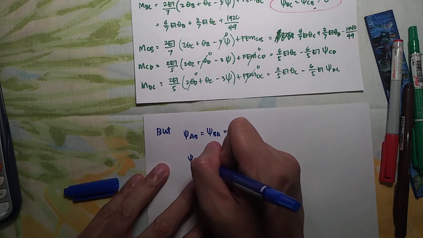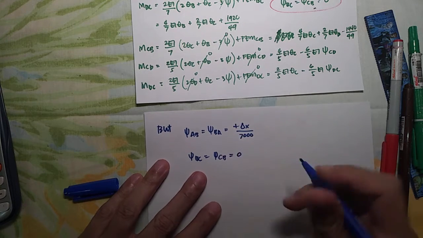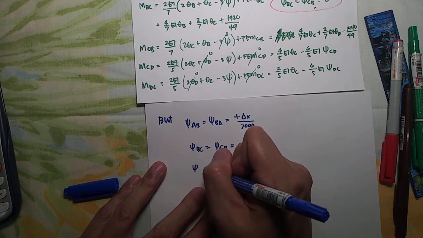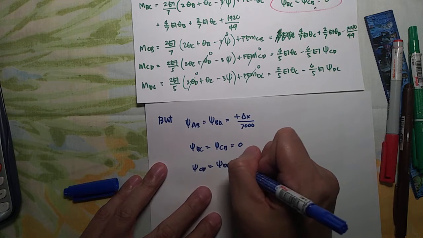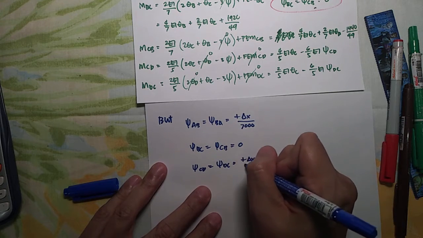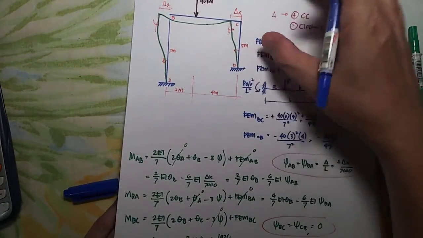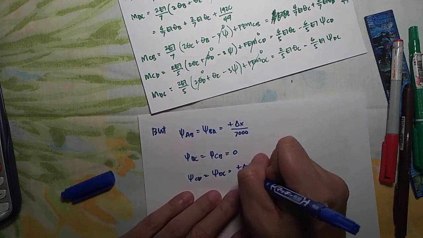The psi for BC is equal to psi for CB, and they are just equal to 0. While the psi for CD is the same as the psi for DC, and they are equal to positive delta X over L. The length for CD is 5 meters, or in millimeters, so that's 5,000 millimeters.